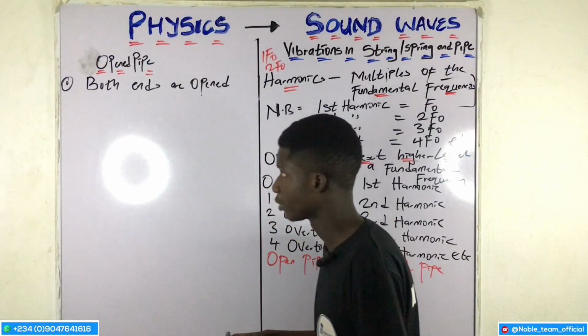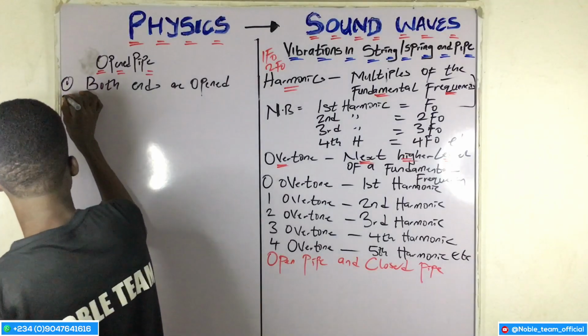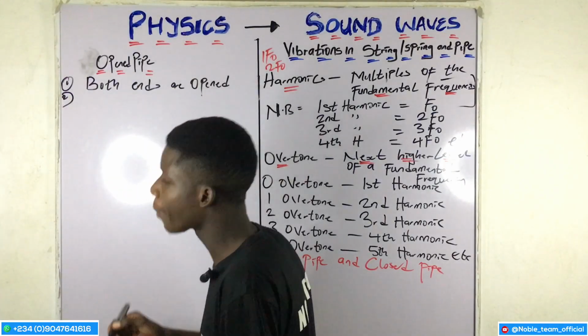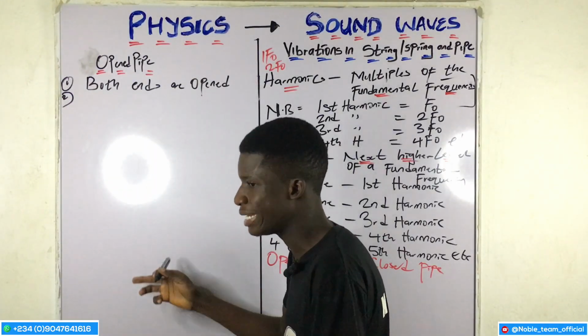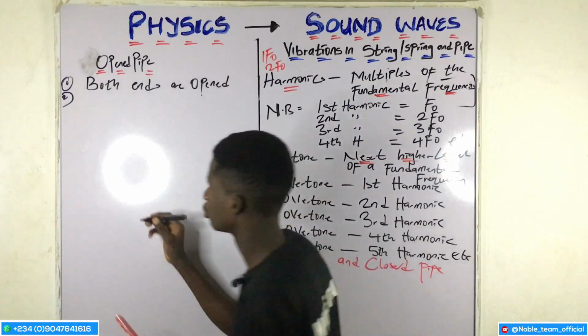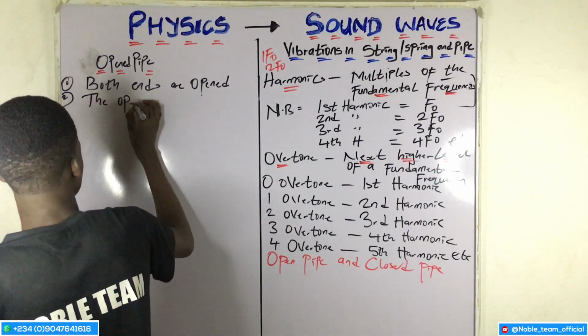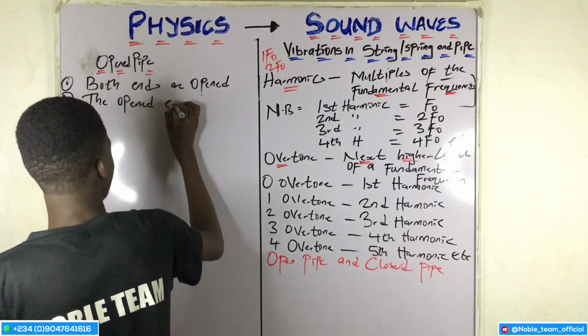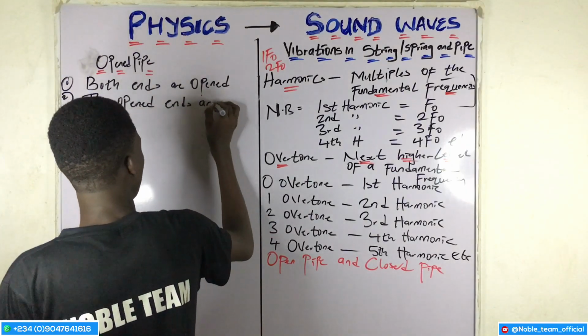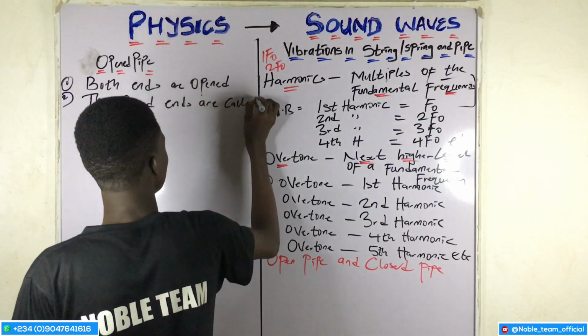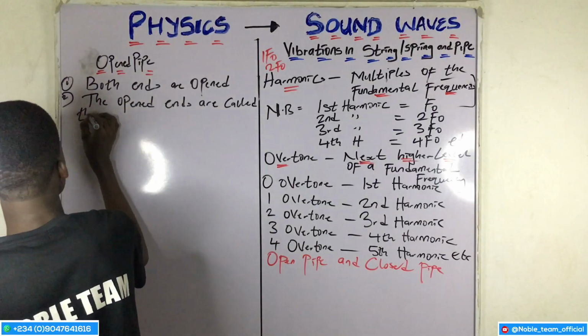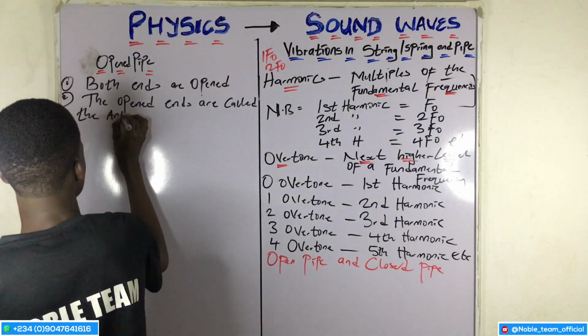And point two, in open pipe, the opened ends are called the antinode.